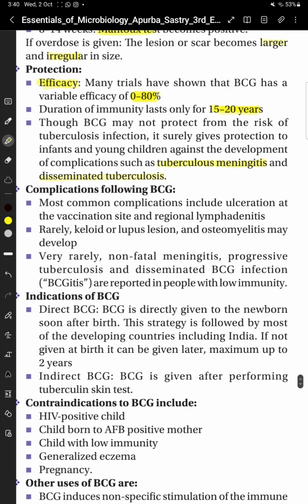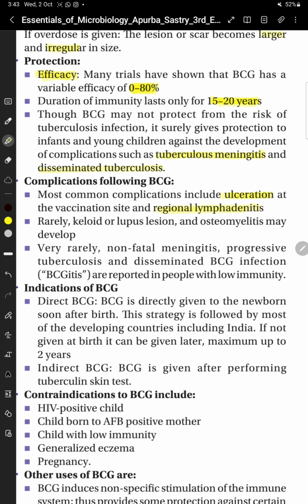Complications following BCG. Most common complications include ulceration at the vaccination site and regional lymphadenitis. Rarely keloid or lupus lesion and osteomyelitis may develop.